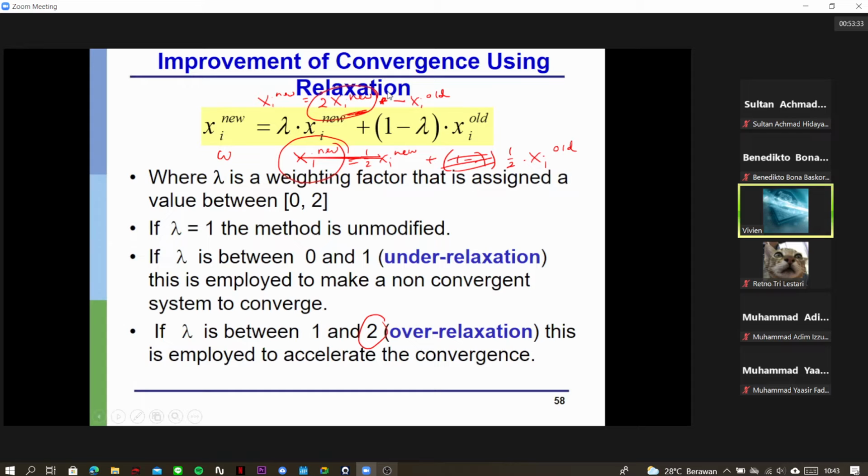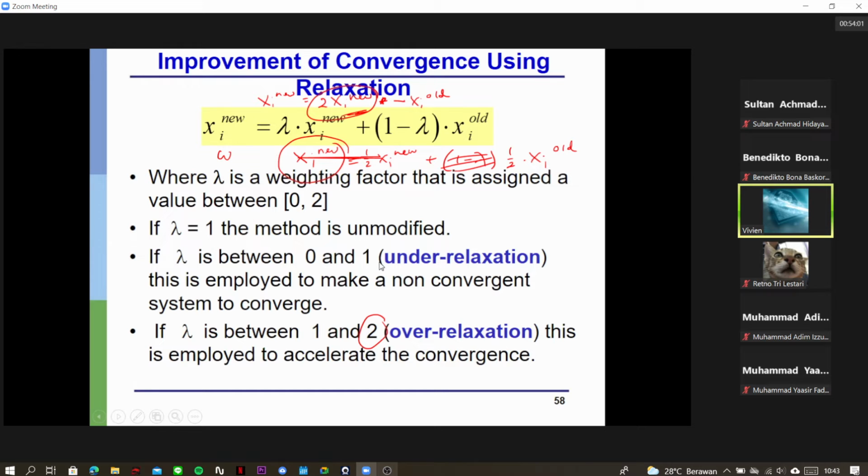So this can be used to accelerate the convergence. But be careful with that, because sometimes we don't get acceleration, and it also makes the convergence slower. It is very rare that we need to apply over relaxation.